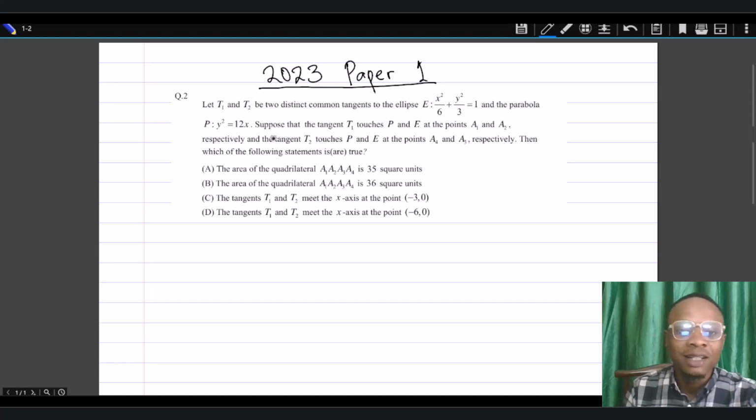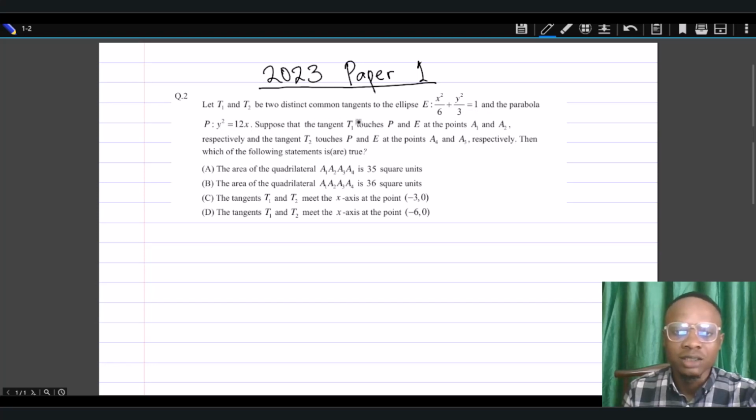It says let T1 and T2 be two distinct common tangents to the ellipse E given by x squared over 6 plus y squared over 3 equals 1 and the parabola P given by y squared equals 12x.